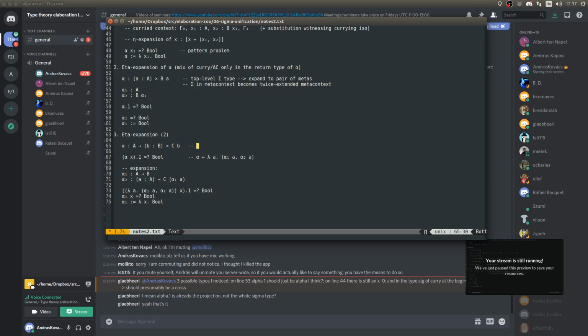So the way it works is that we convert alpha type with AC and then curry meta context.